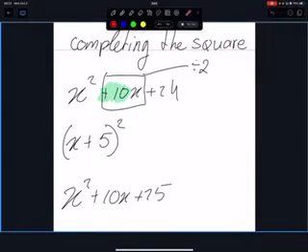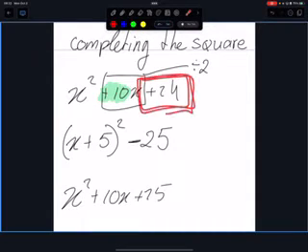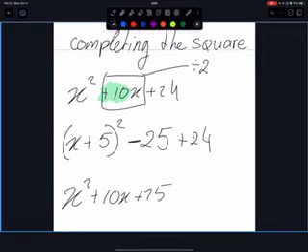And what do I not need? This 25. So subtract 25, but you're not finished. Add this part again, plus 24. You subtract the part you don't need and add the part of the formula that is left. This is called completing the square.